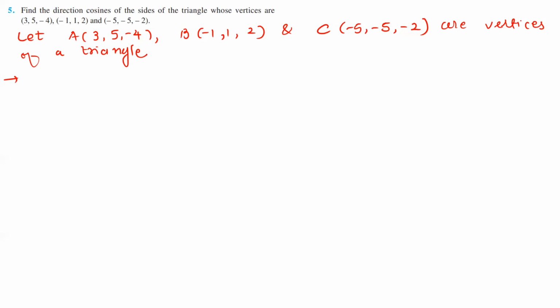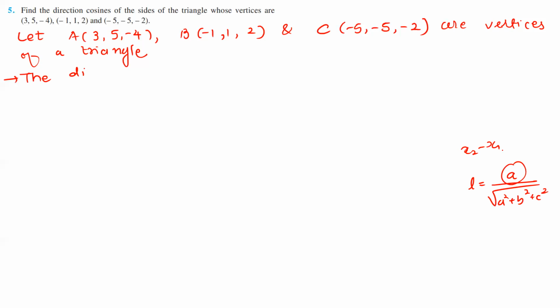So let us first find the direction ratios. Once we have A, B, and C, it will be easier; we can use the direct formula. For a line, the direction ratio is x2 minus x1.